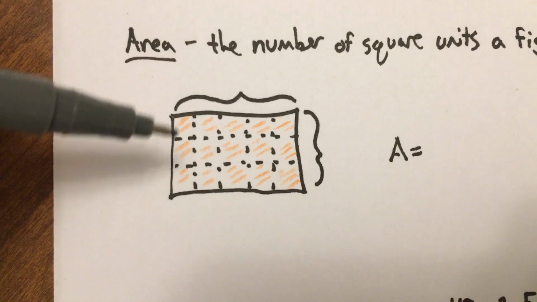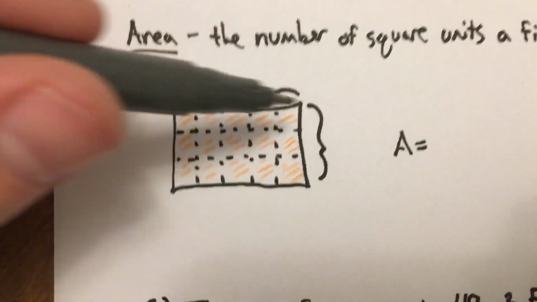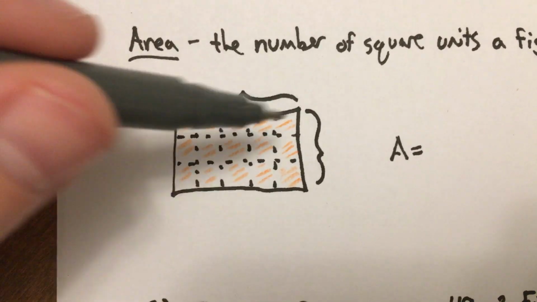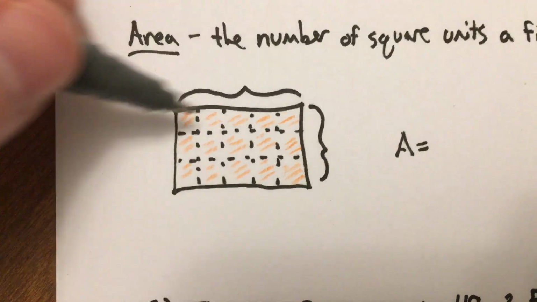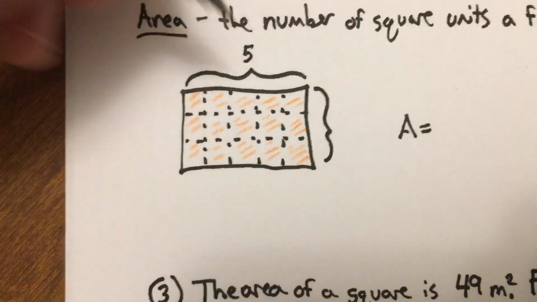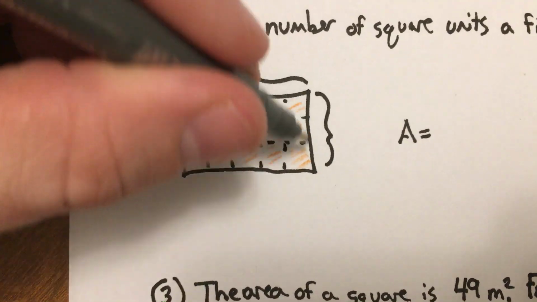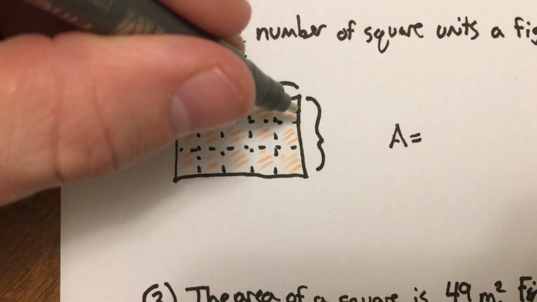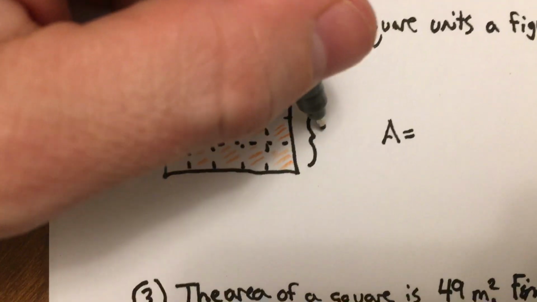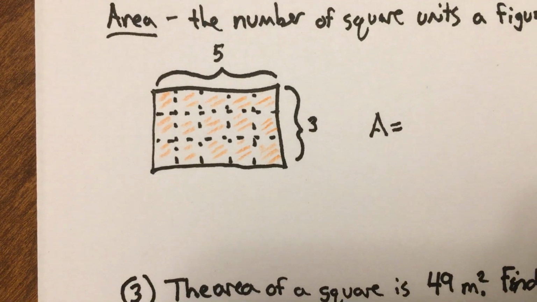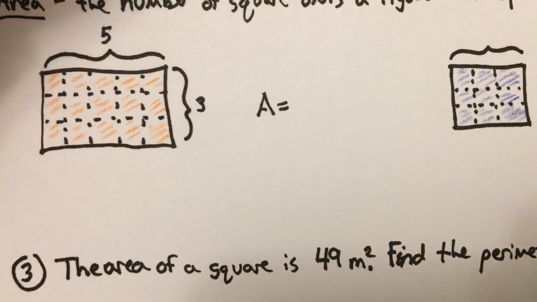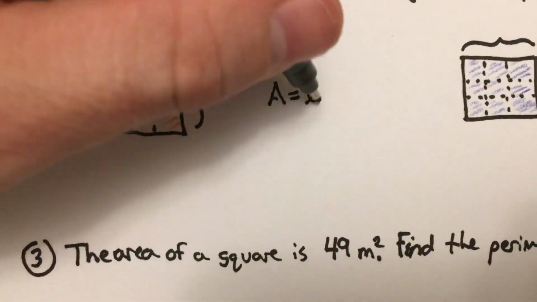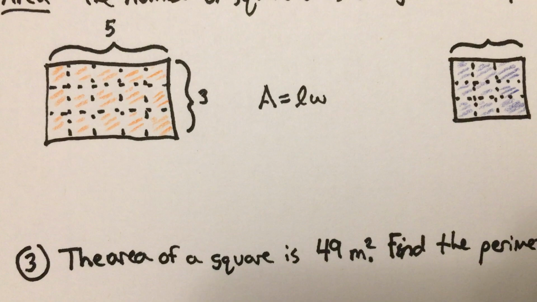Or a shortcut of how we can do that would be to look at the row, or the length, of squares and count how many units across, which is 5. And then the length of a column, or the width, would be 3. So the formula that we would use to calculate the area of any rectangle would just be length times width.